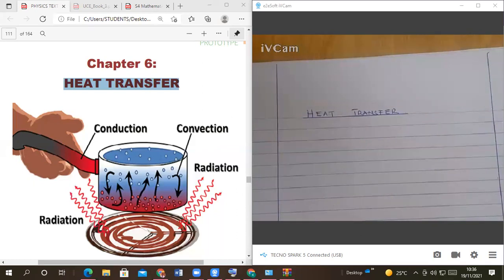Now, do you see this picture that we are having here? This gentleman is touching this side. Is this side very hot, or is this side the one which is hot? The one where he's touching or the one next to the plate?